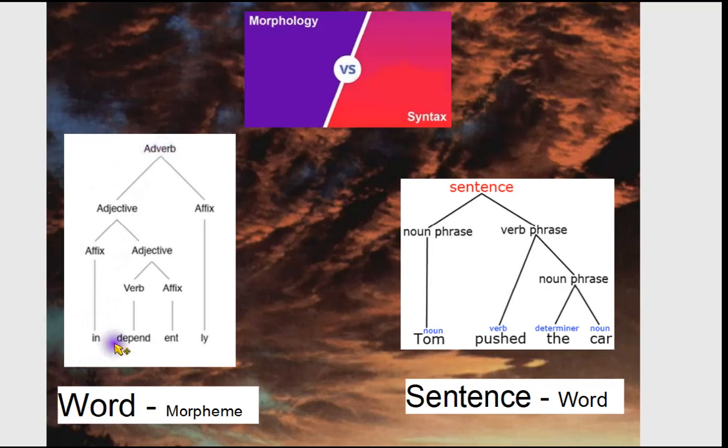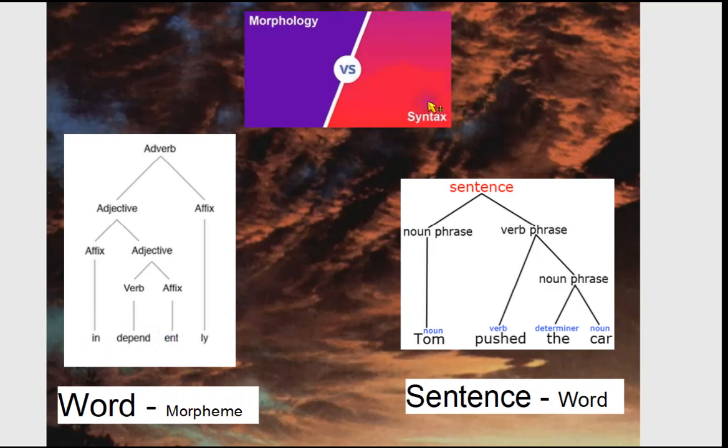Here, look at the word, independently. So if we analyze this word, we know it's an adverb. Because basically adverbs end on "ly." But here we are dissecting the word into morphemes. So morphemes are the minimum grammatical unit with the meaning. So this is a morpheme, this is another morpheme, and we have different types of morphemes. We're going to talk about them.